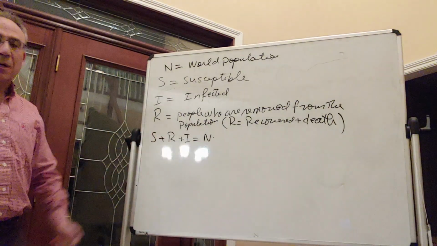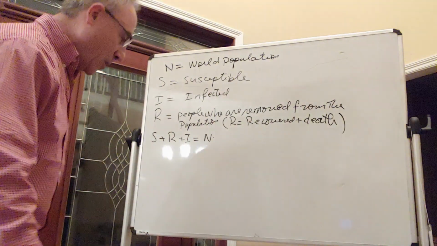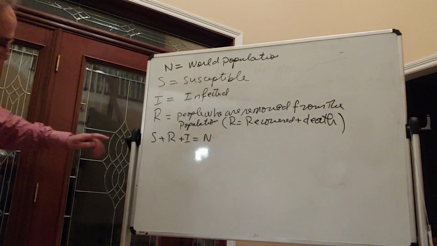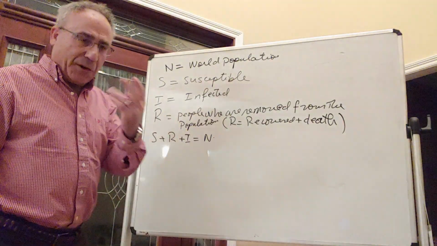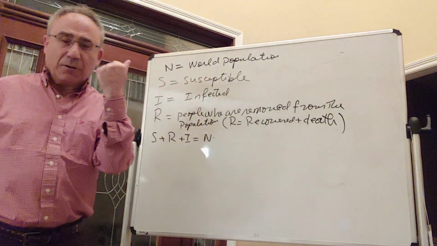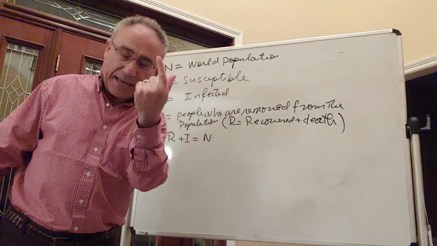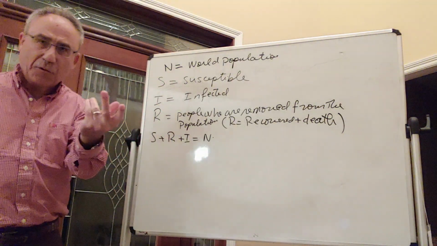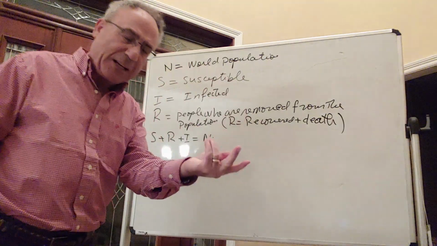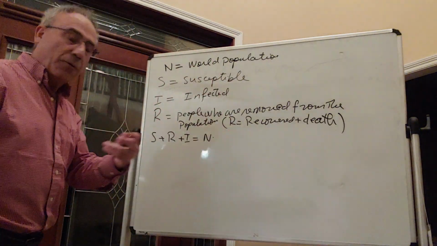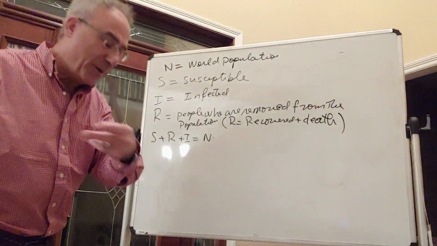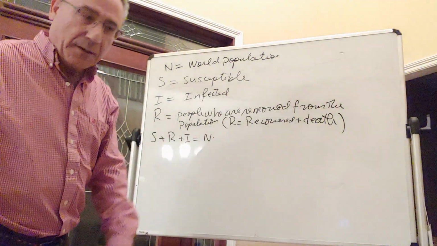The world population is like 7.9 billion now, but that's not important. So we have three things: those who are susceptible, those who are going to get infected, and those who are removed, whether by death due to the infection or by being healed or recovered.